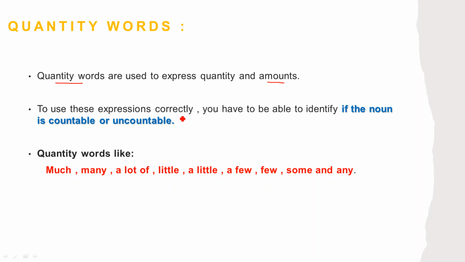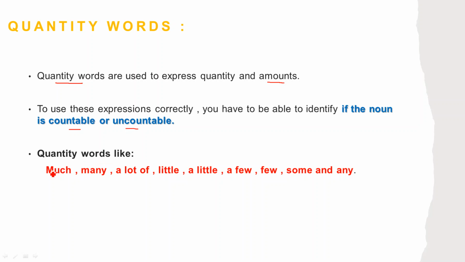To use these expressions correctly, you have to be able to identify if the noun is countable or uncountable. Again, in order to use these words correctly, I must know whether the noun is countable or uncountable.